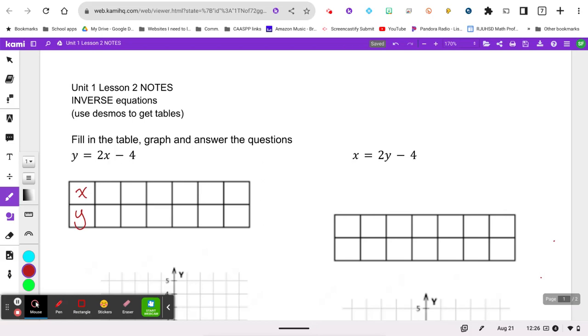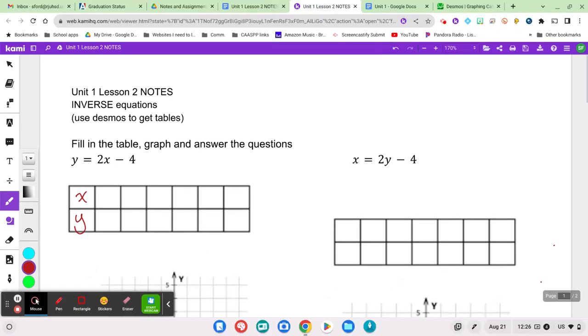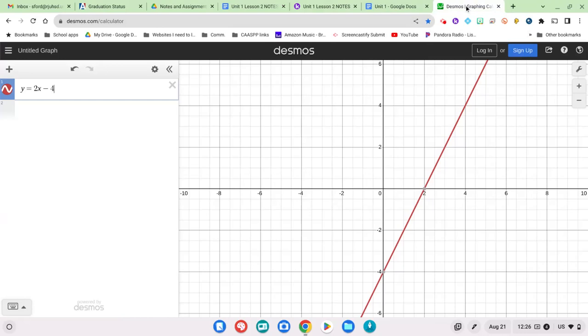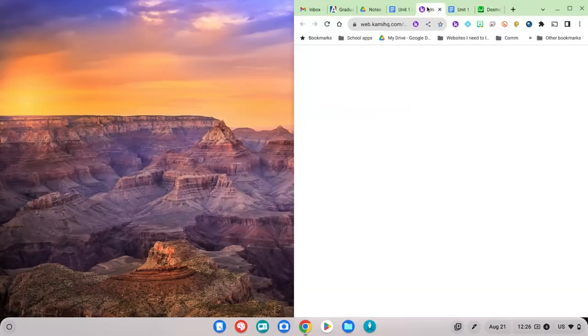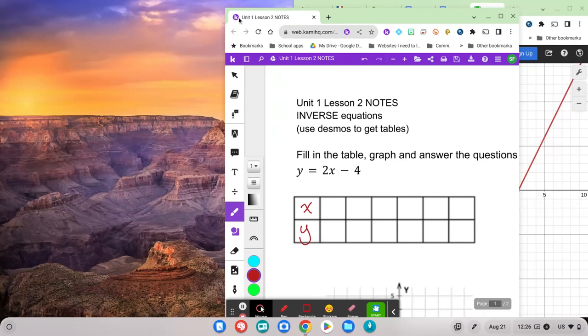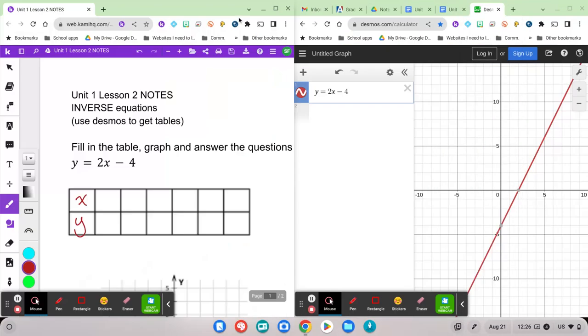And what you would do is go on to Desmos. All right, so here we have it: y equals 2x minus 4.